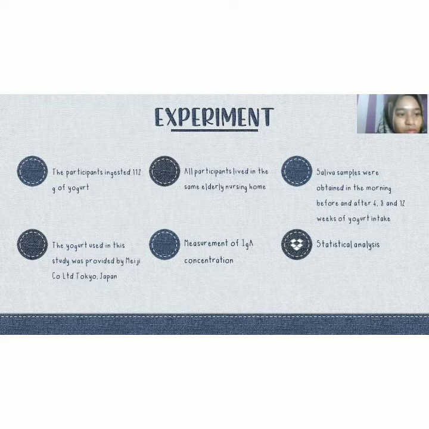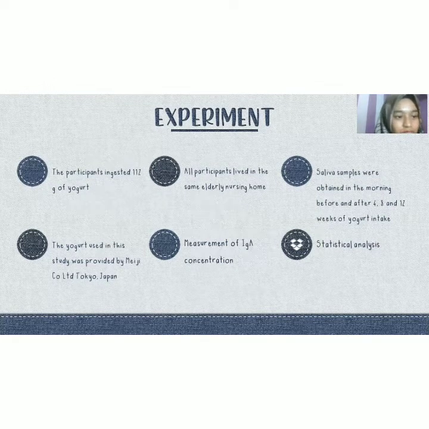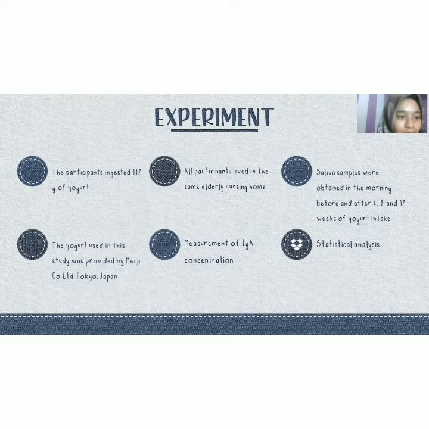The care staff wrote down the yogurt intake of the participants each day. All participants lived in the same elderly nursing home, hence their dietary constituents and meal times were basically the same: rising at 7 a.m., breakfast at 8 a.m., and bedtime at 9 p.m.